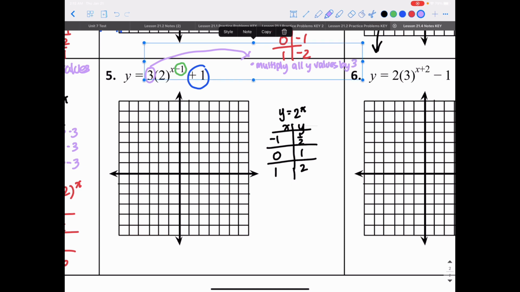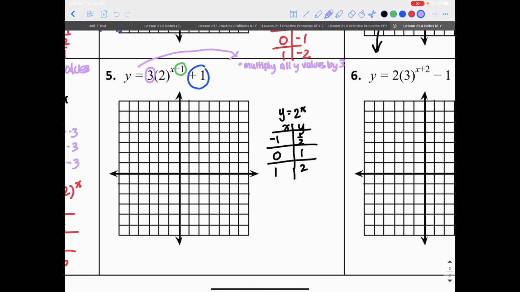Another thing that I know that I'm doing is moving. Because I'm moving right 1, I know that I'm going to add 1 to all x's.